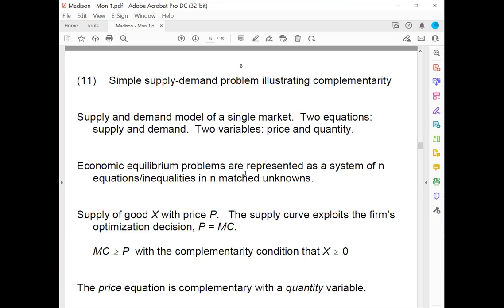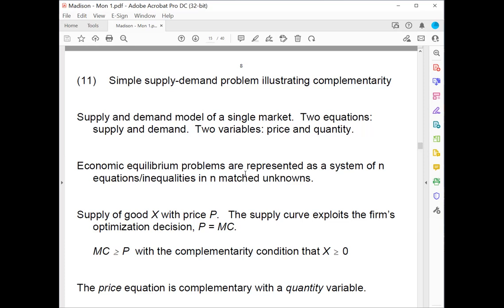So they were just a nice setup to show you how to do things. But I really want to talk about this notion of complementarity. And this is going to be done in a simple supply and demand problem.